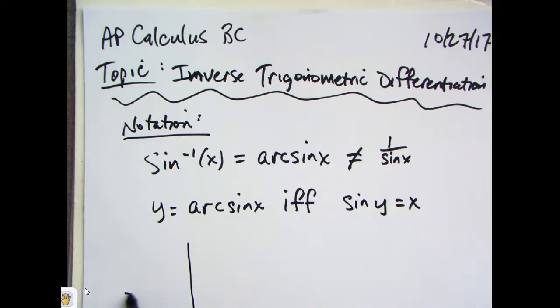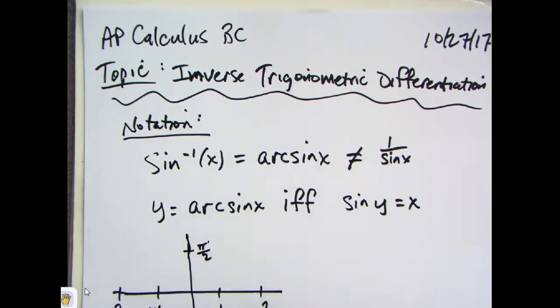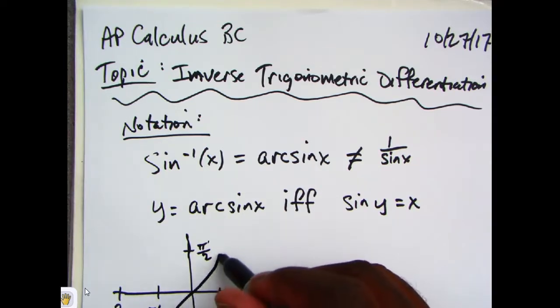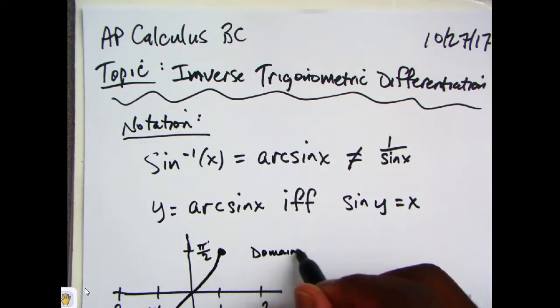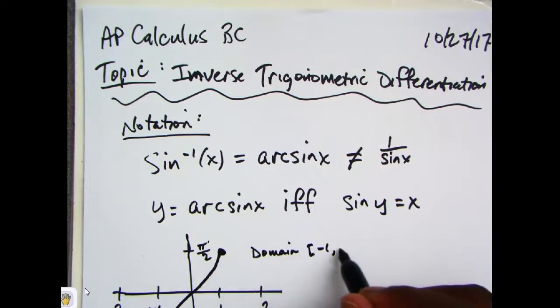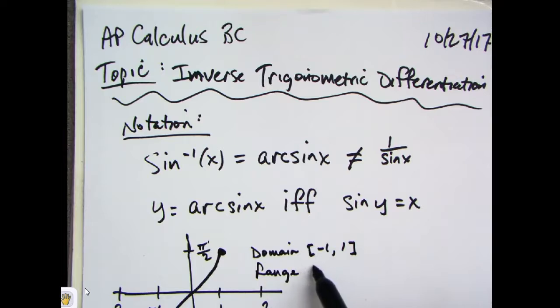So you may recall that the graph of arc sine looks something like this. It has a domain of -1 to 1, and it has a range of -pi over 2 to pi over 2.